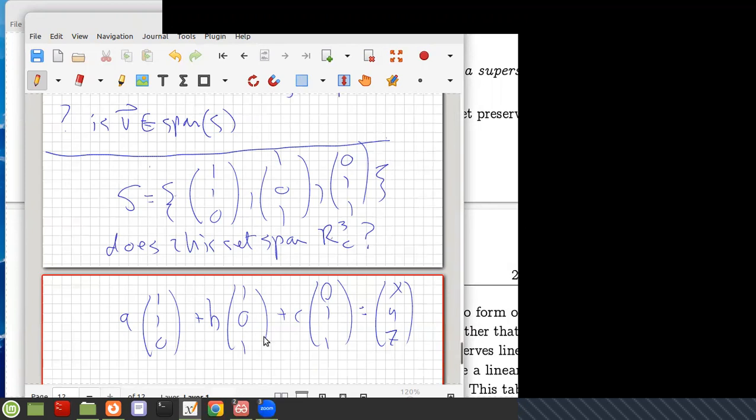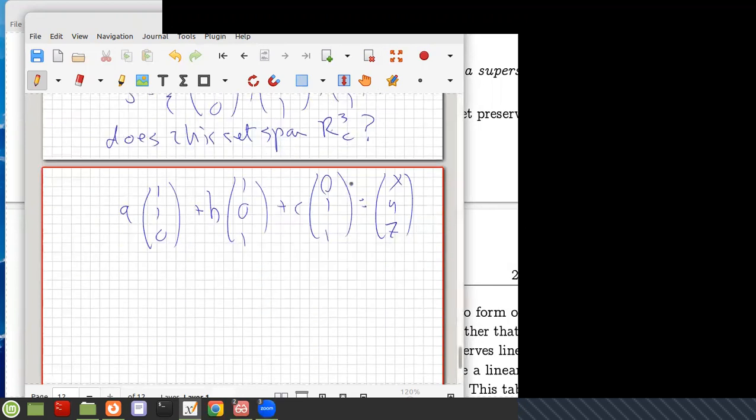So there's a pattern here. This is like solving an inhomogeneous problem with the same set of vectors. Linear independence involves a subset of this problem: solving this for X, Y, and Z equal to 0.